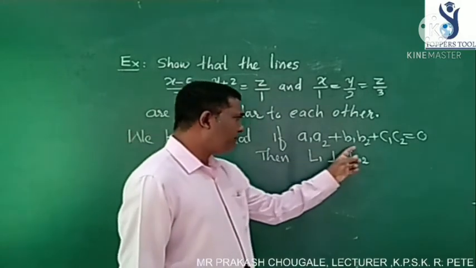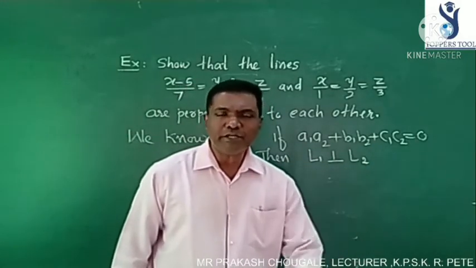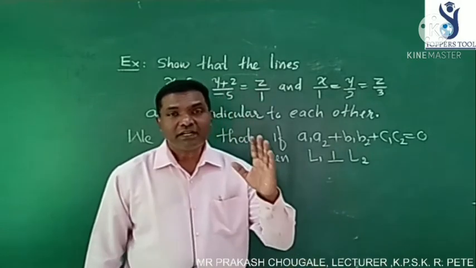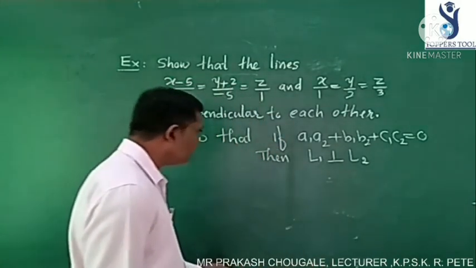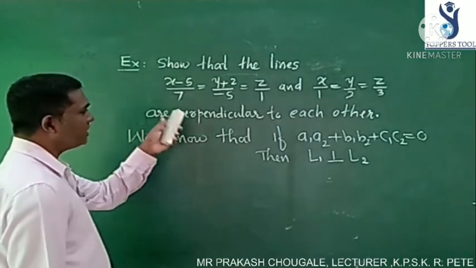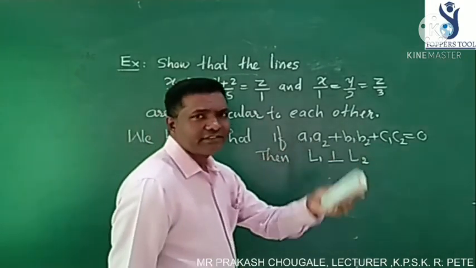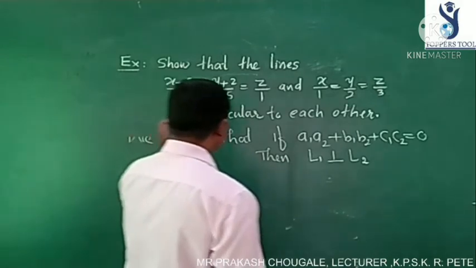Here a1, b1, c1 and a2, b2, c2 stand for the direction ratios of the two lines. So if we know the direction ratios, then verify this result.